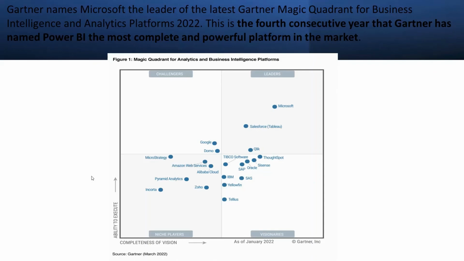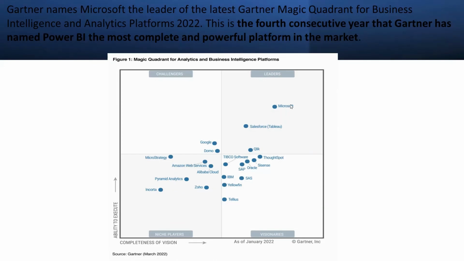And this is the fourth consecutive year that Gartner has named Power BI as the most complete and powerful platform in the market. So with Power BI, you can get the ability to master the field of data analytics. And that is why Power BI is such an important tool.